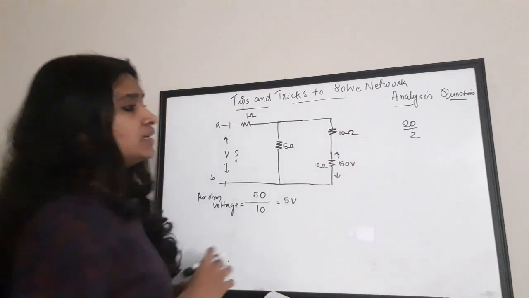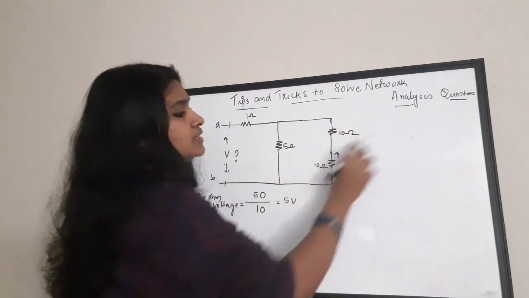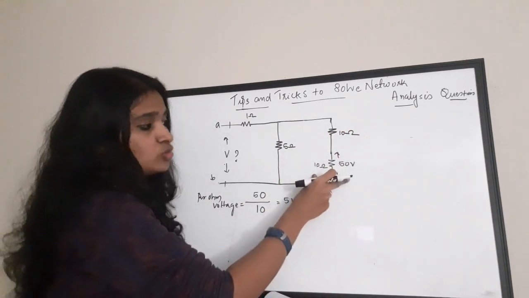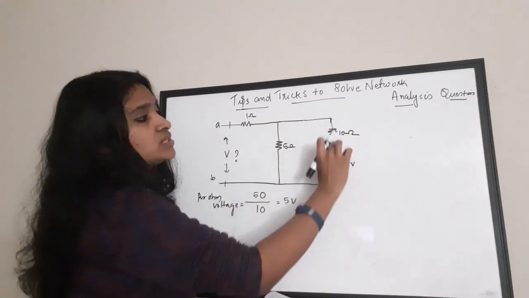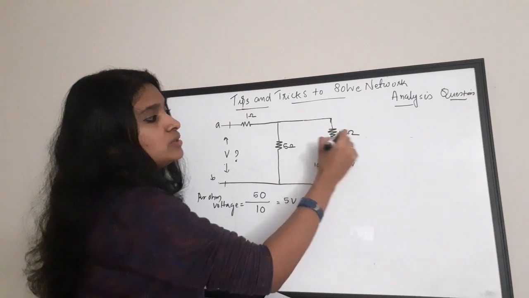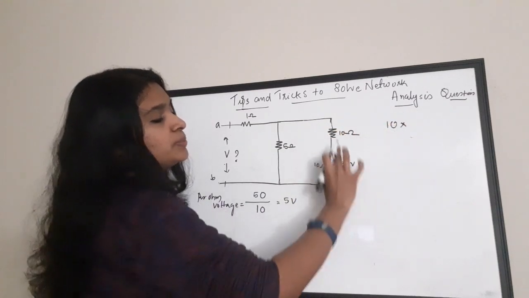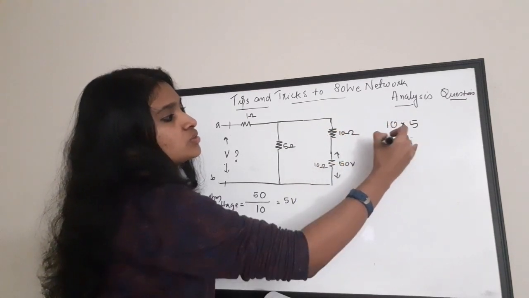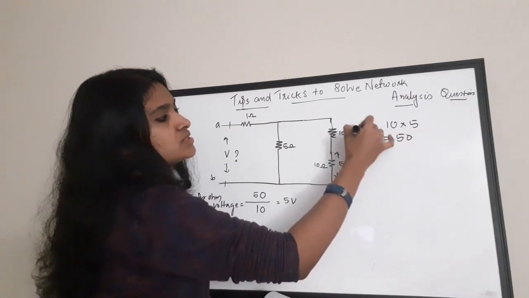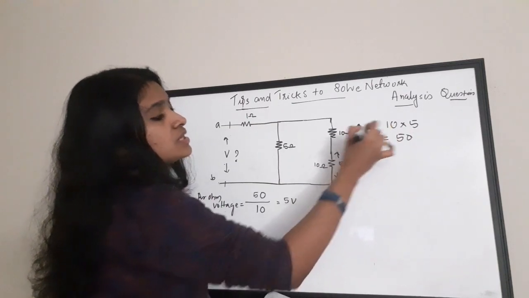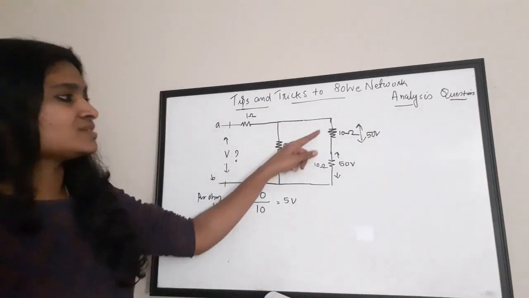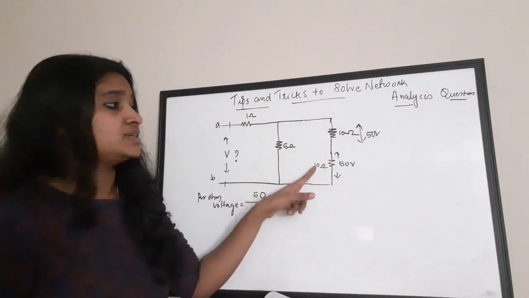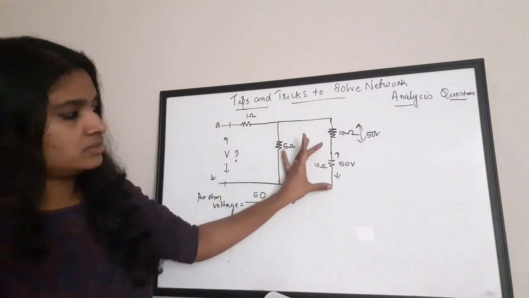Here again, as I said earlier, this 10 ohm has a per ohm voltage of 5 volt, so what is the voltage across this 10 ohm? It will be 10 into the per ohm voltage, which is 5. So 50 volt is present across this 10 ohm resistance. Now we have two resistors, 10 ohm and 10 ohm, each having 50 volt.